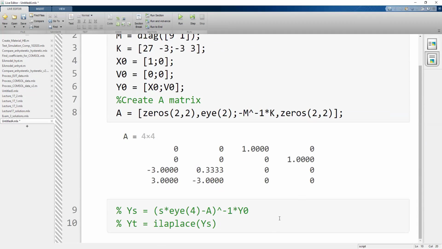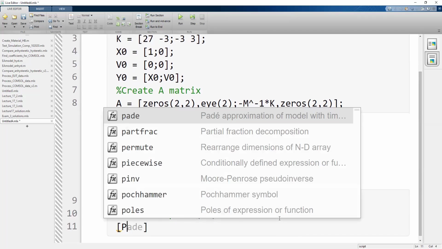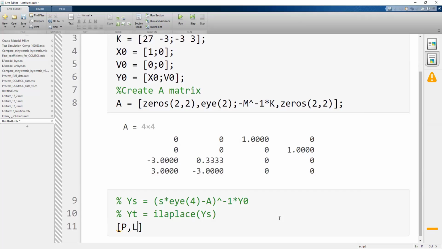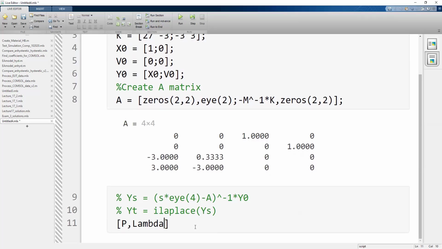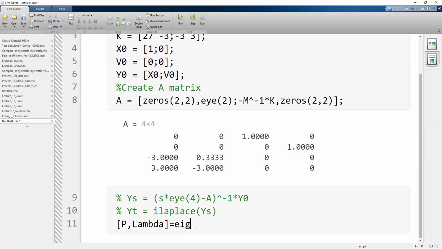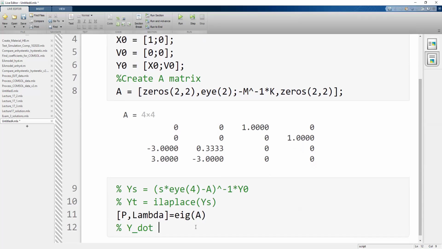So what we need to do is diagonalize this. As I said, the first output is P, the second output is lambda, and then you're just using eig of A. All right, so then we need to find y dot equals lambda times y, right?